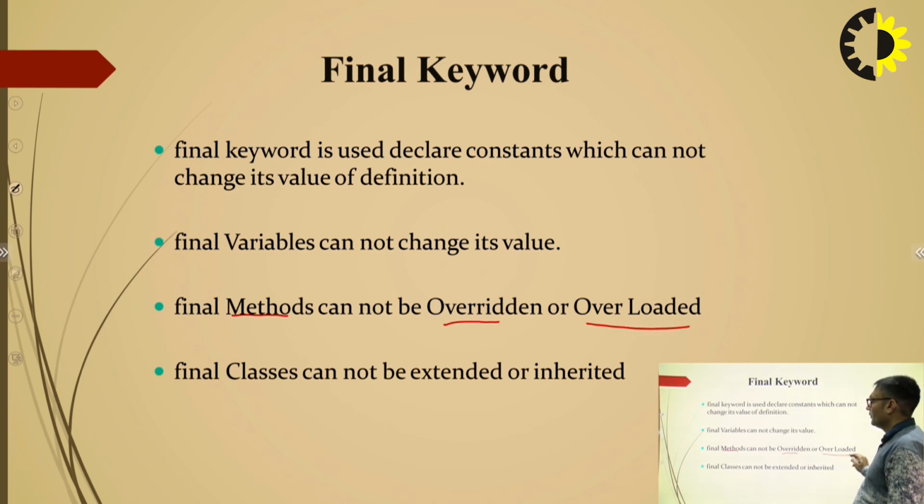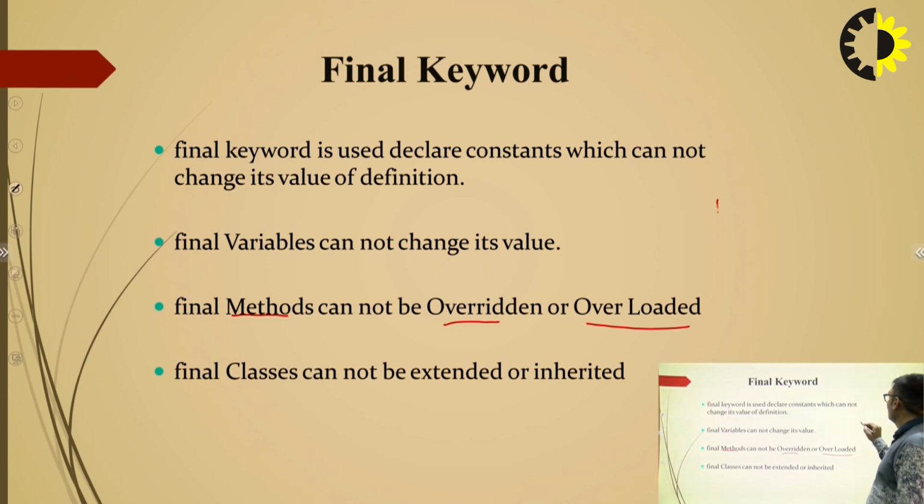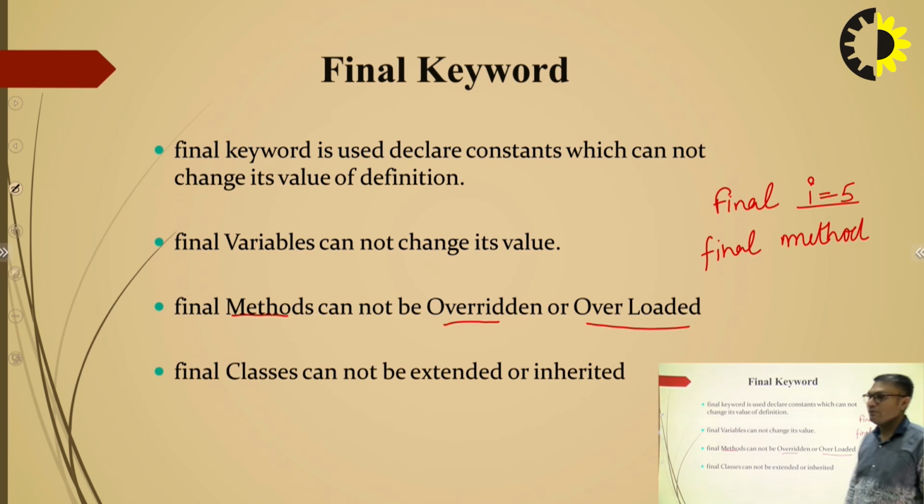So final can be used before a variable, or final can be used before a method. If I apply final here, this value will never change, and if I apply it before a method, this means this method can't be overridden.